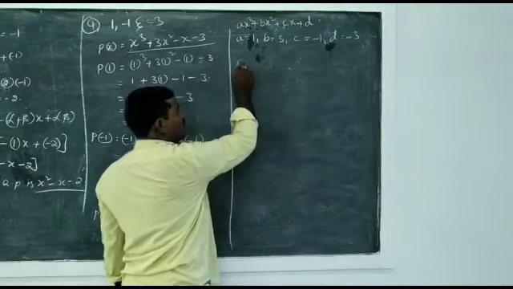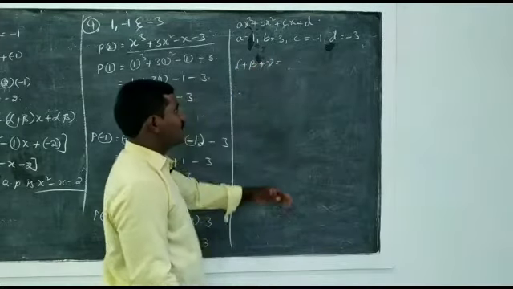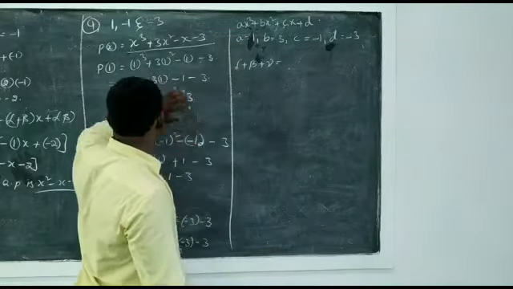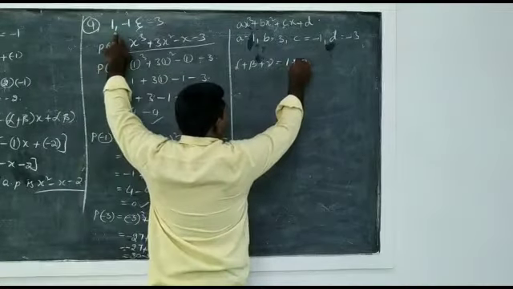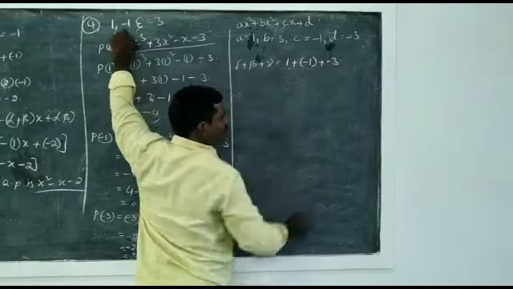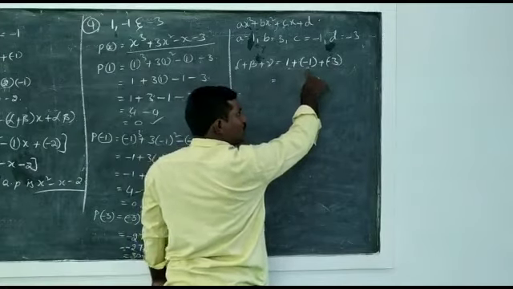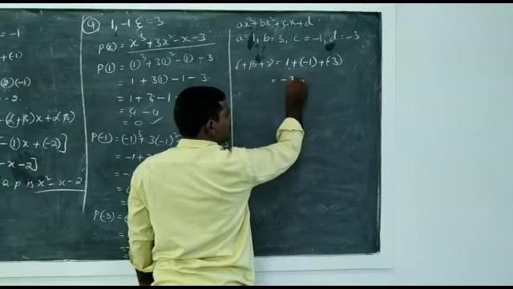Now alpha plus beta plus gamma is equal to, observe here, what are the zeros? 1 plus minus 1 plus minus 3. These are the zeros. 1 minus 1 is 0, 0 plus minus 3 is minus 3.